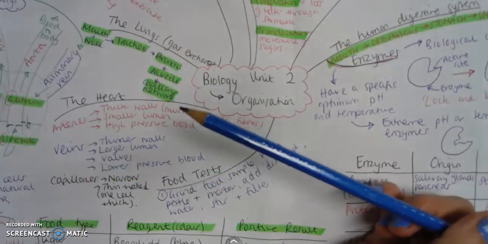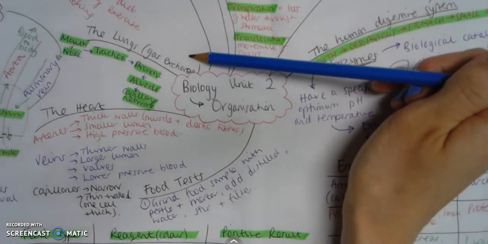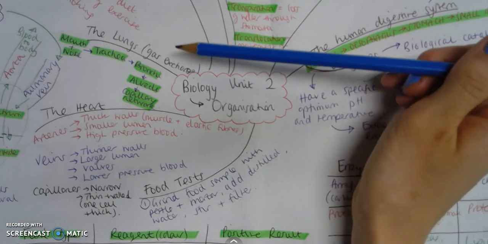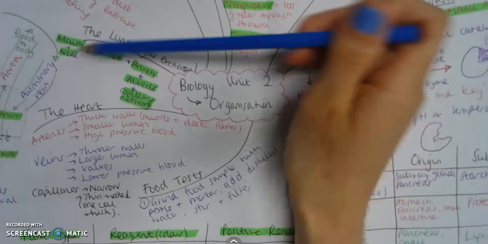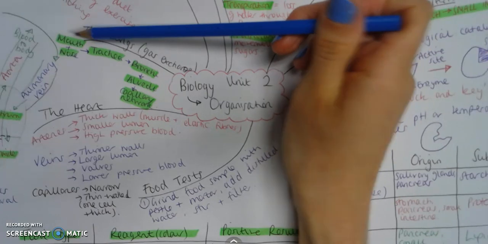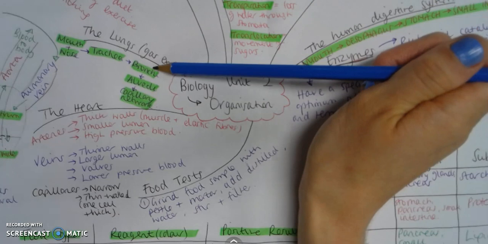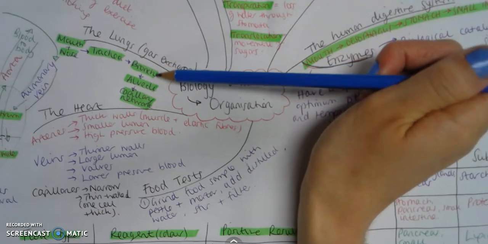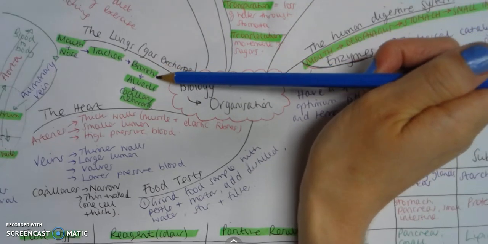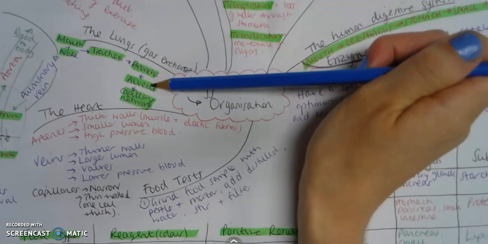Looking at the lungs then next, which are the site of gas exchange, we need to know that when we're thinking about the passage of air into the body, it starts off with air entering through the mouth and the nose. That air then goes into the trachea, into the bronchi, into the bronchioles then, which are a smaller network of tubes, and then also it goes into the alveoli.